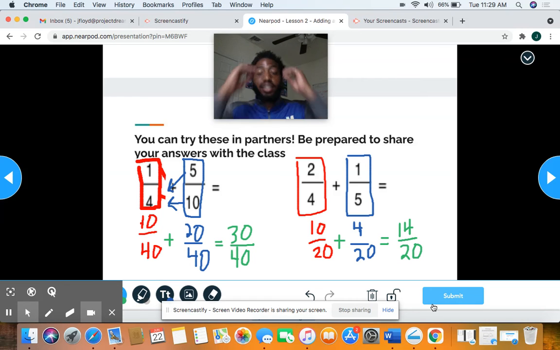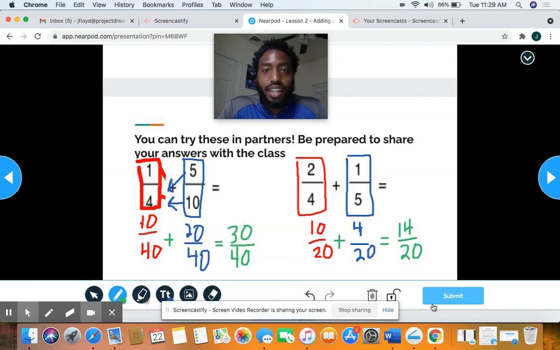All right, guys, so hopefully you took that time to answer those questions. I just want to go ahead and review these questions for time's sake. So our first fraction, we should have done 1 times 10, which is 10, and 4 times 10, which is 40. Then for our second fraction, we want to do 5 times 4, which is 20, and 10 times 4, which is 40.